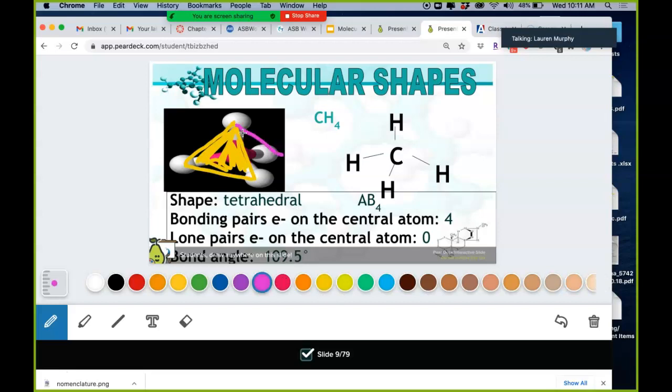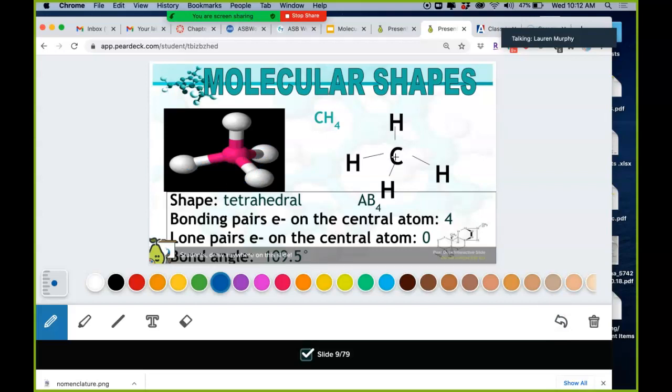This one off to the side is a second face. Now it's really hard to see, but there's one backwards, between these guys on the back. That's a third face. And then of course, there's the bottom. If you flip it upside down, that's a 4th face or a 4th side. So that's where they get the name tetrahedral.